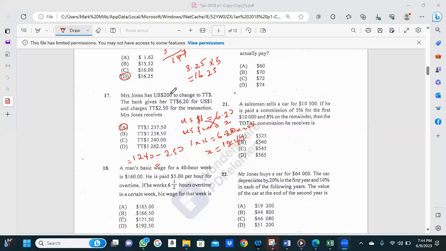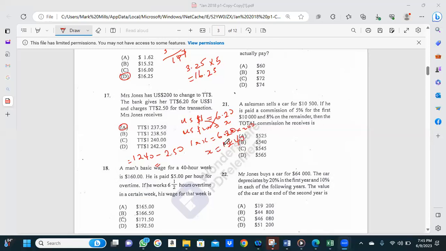Yes, sir. All right, so here, what happened is that they wanted to change 200 US into TT, but the bank was giving $6.20 for every $1 US. So US $1 is equal to $6.20. Then US $200 is equal to X. Then we cross multiply: 1X is equal to $6.20 times 200.